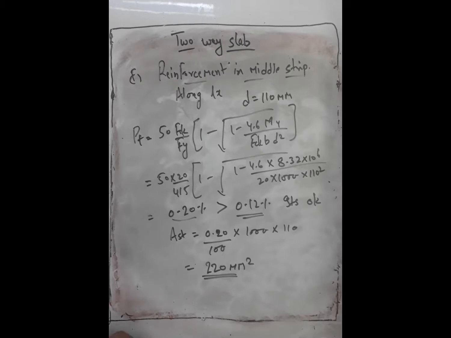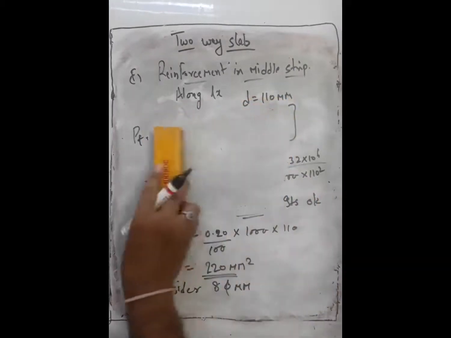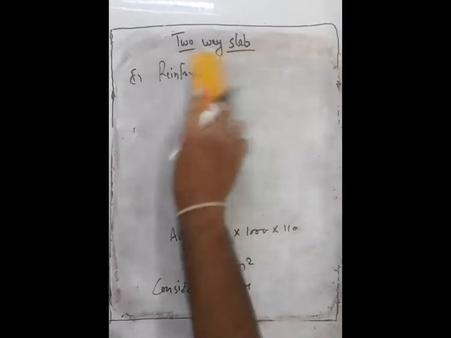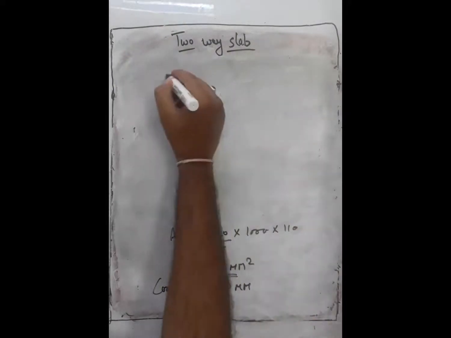So before, in our previous slide we have seen, we assumed a main bar dia is 10 mm, but now here we reduce that bar to 8 mm dia. So here we consider 8 mm dia. Okay, so now after considering the 8 mm dia, we have to find the spacing.